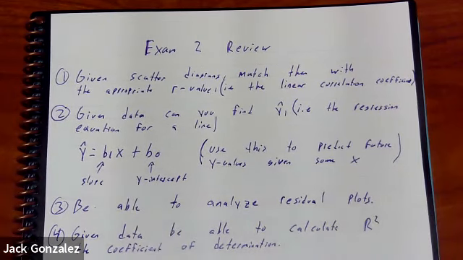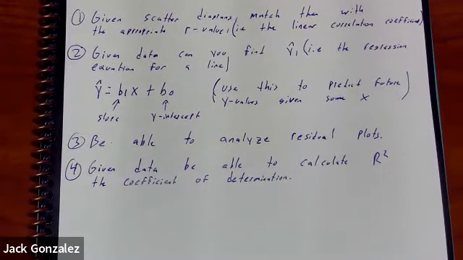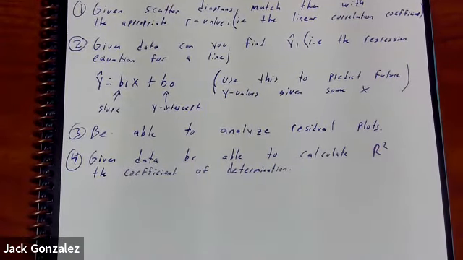Also remember, what does it mean? How do you find it with Excel? Okay. You can also use StatCrunch if you want. So you can use whatever you like, either one. Just make sure you know what it means, and you can give me the R squared.